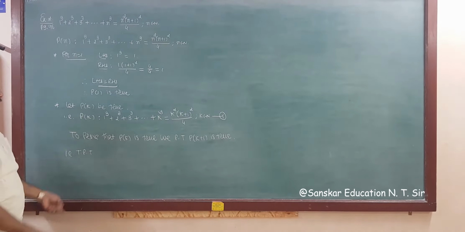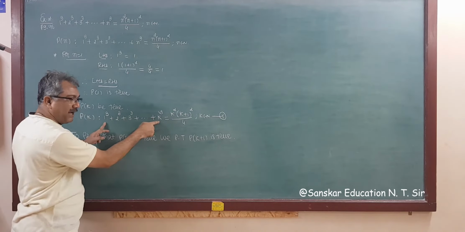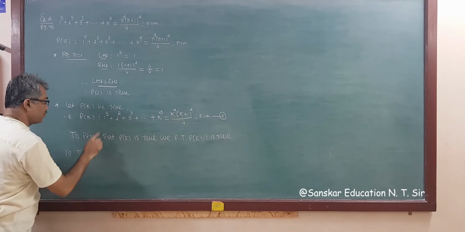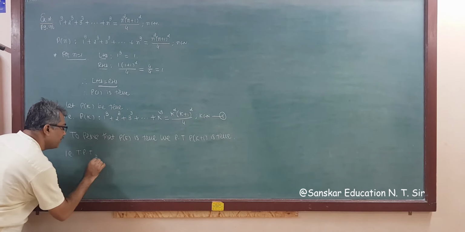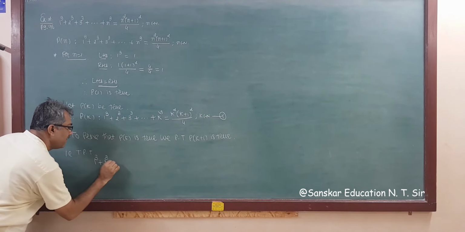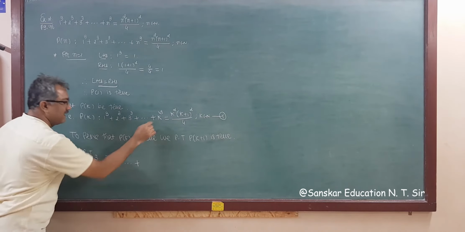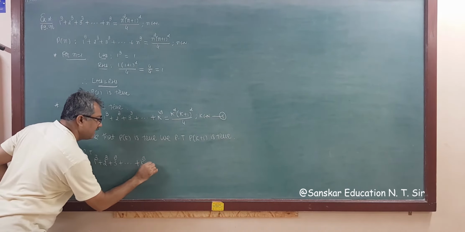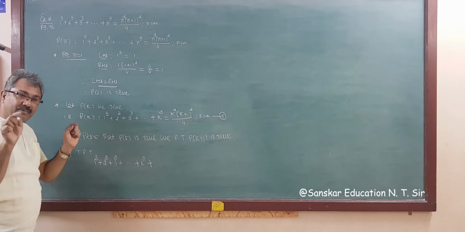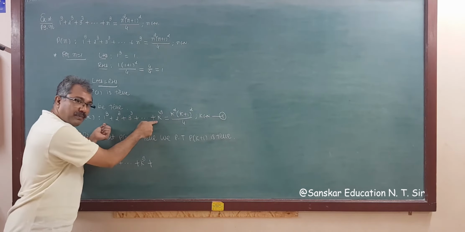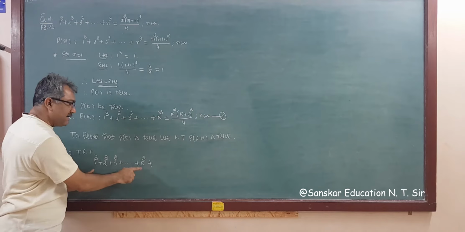You know, write down the left hand side of Pk as it is. So 1 cube plus 2 cube plus 3 cube plus dash plus k cube. Right? So for Pk plus 1, write down Pk as it is.